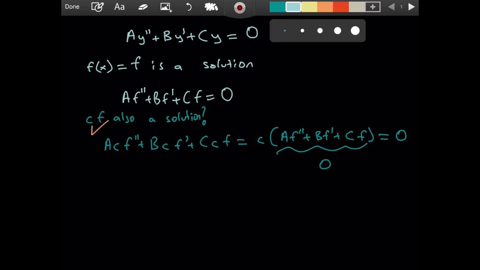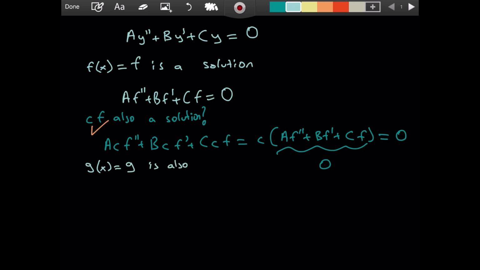What if we know that g of x, which I will denote with g, is also a solution? And you might be asking, hold on a second, it doesn't make sense that we have two different kinds of solution. Well, it actually makes sense, because from the last video you can remember that this equation boils down to this: a lambda squared plus b lambda plus c equaling 0.